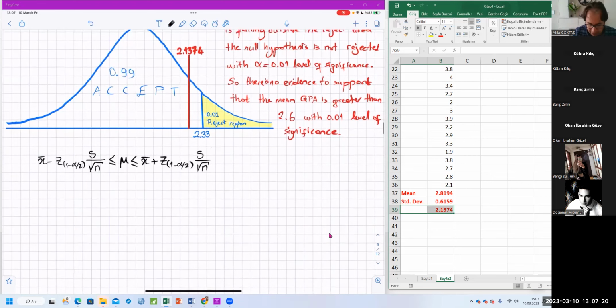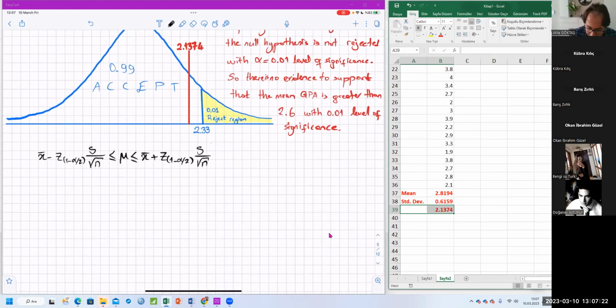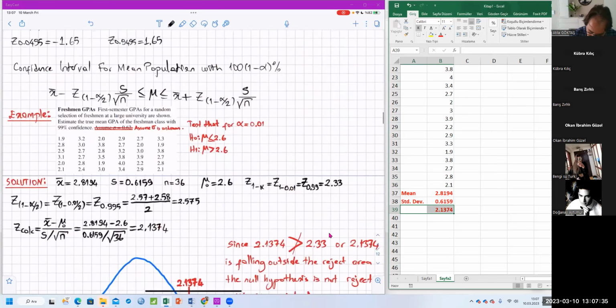It's easily performed. We know the critical value. We have found it already, 0.995, which is 2.575.